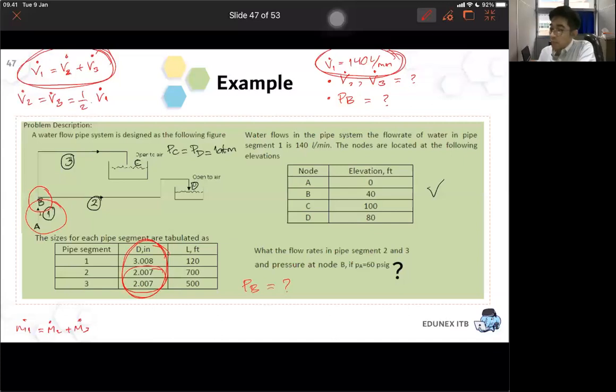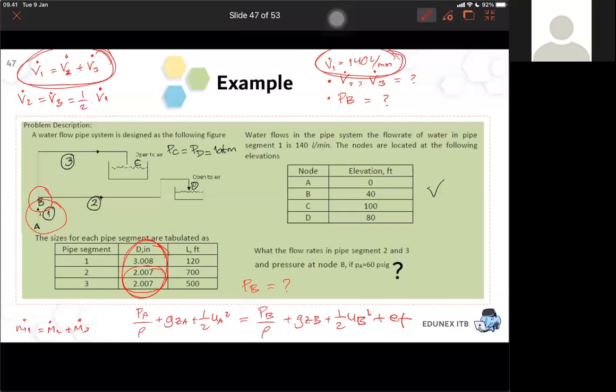So you can make the Bernoulli from point A to point B: PA over density plus g ZA plus half UA squared will be PB over rho plus g ZB plus half UB squared plus EF. Correct? Don't forget EF, because you already know the concept of friction.